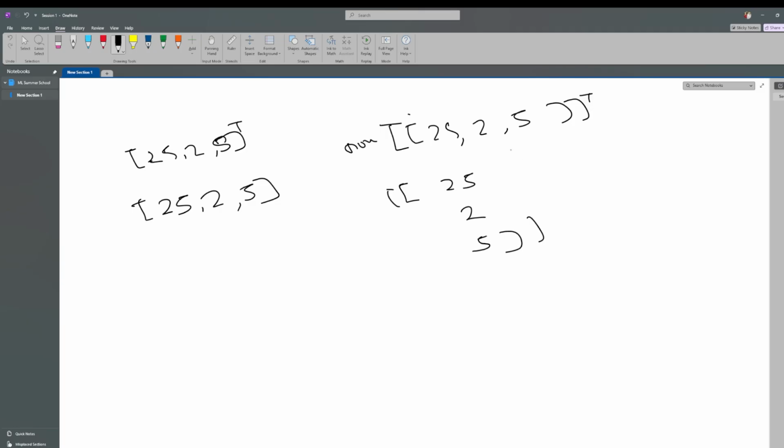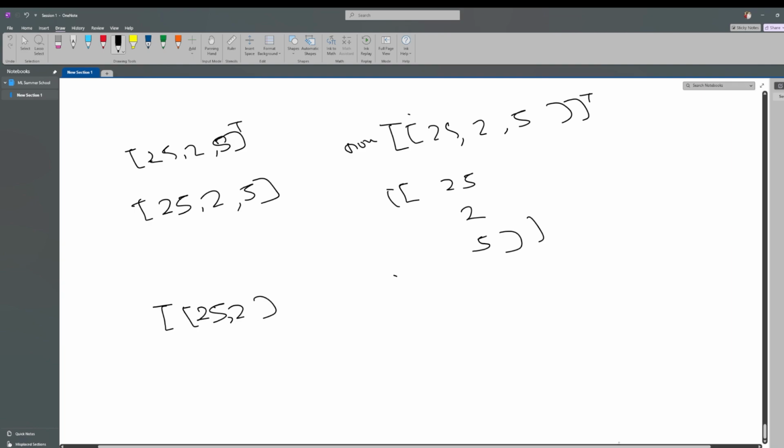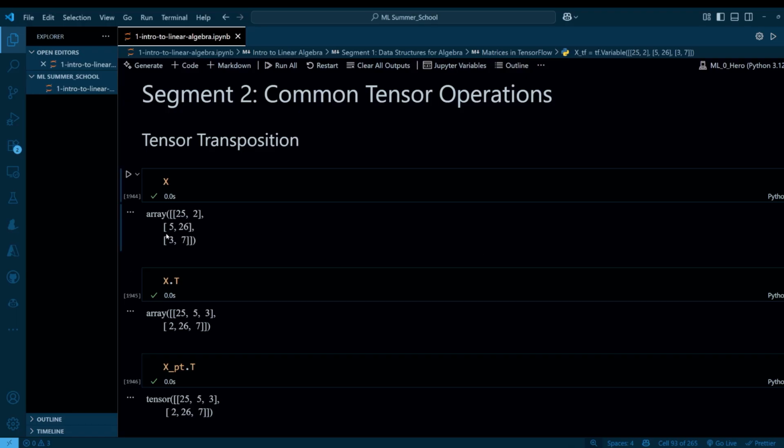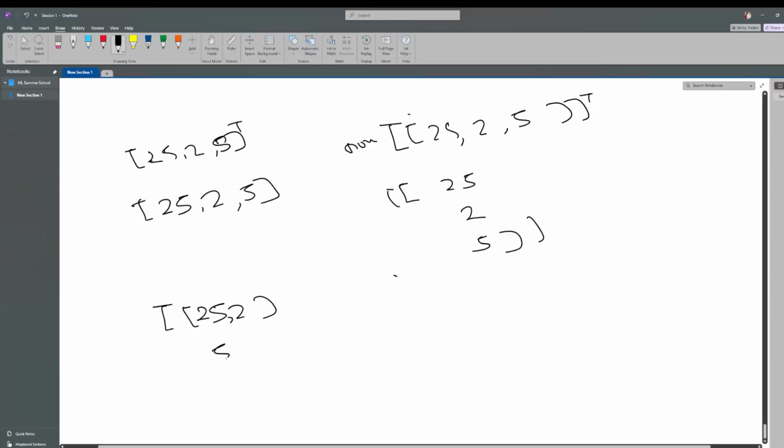Same for this, now we have passed a different thing. If I'm not wrong, 25, 2, 5, 26, 3, 7. This is what we have passed through.